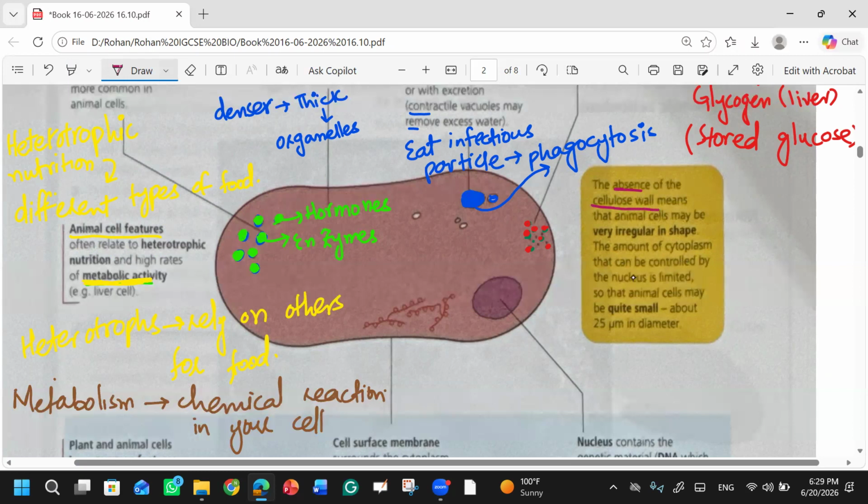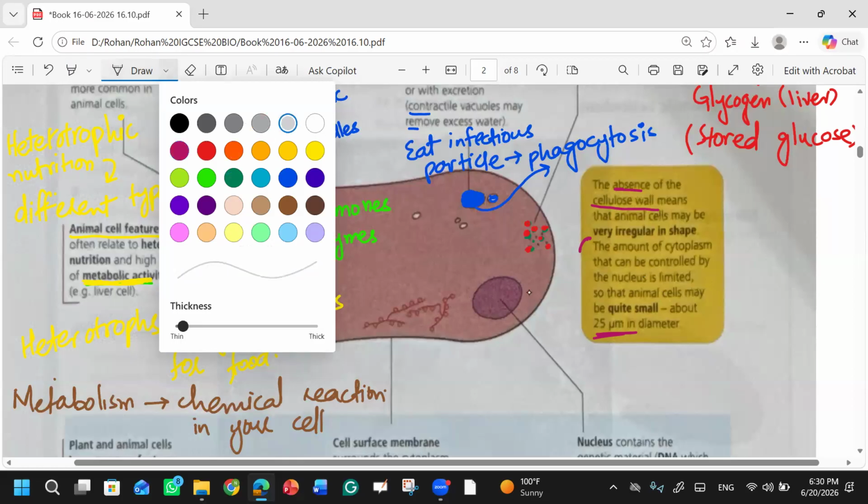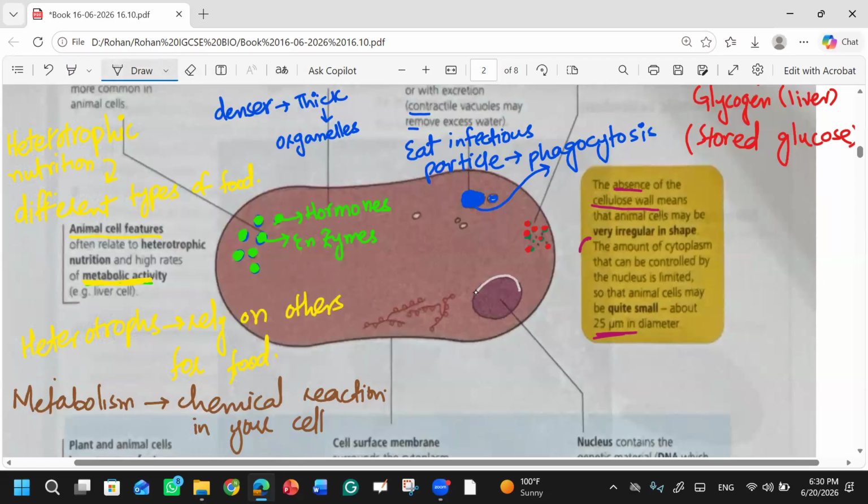The amount of cytoplasm that can be controlled by the nucleus is limited, so that the animal cell may be quite small, about 25 micrometer in diameter. This is very important. They are saying the amount of cytoplasm that can be controlled by the nucleus is limited. You know the nucleus is controlling your cell activities.